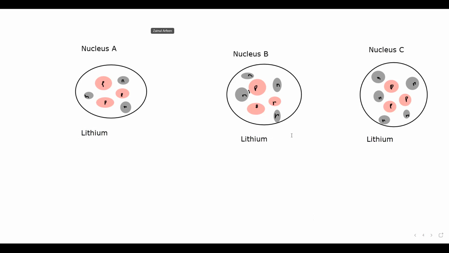So when we have the same element but a different number of neutrons, what do we call them? We call them isotopes.